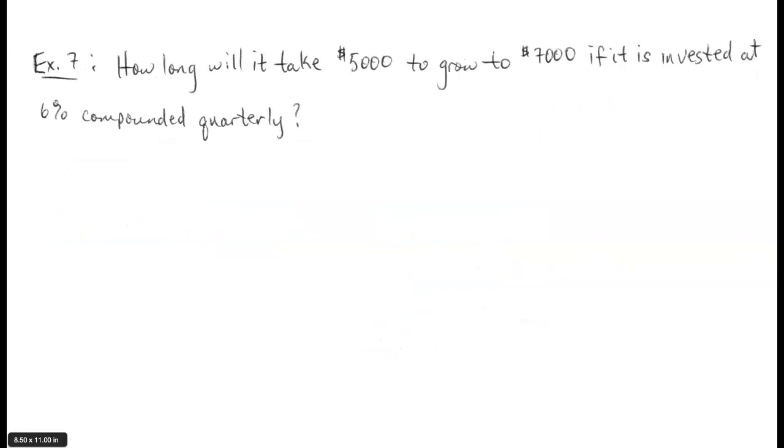For our next example, we're going to see how we can figure out the time for an investment based upon an initial amount we want to put into it and a target amount we want to get out of it. Here it says, how long will it take $5,000 to grow to $7,000 if it is invested at 6% compounded quarterly?